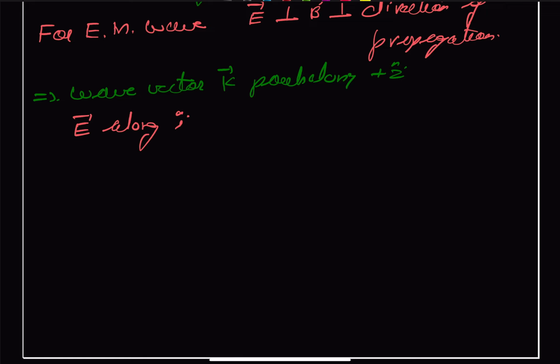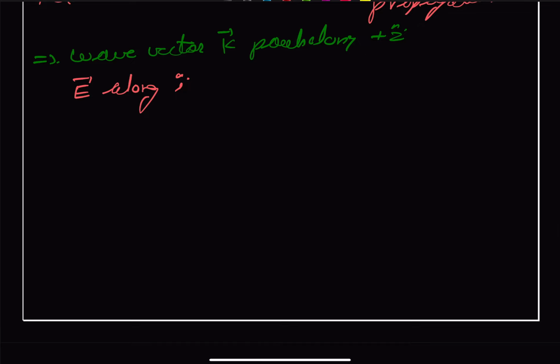Okay. Therefore, based on these two combination, we can use our right hand rule and find out that our magnetic field B is along y unit vector, or we can also call it a j unit vector.